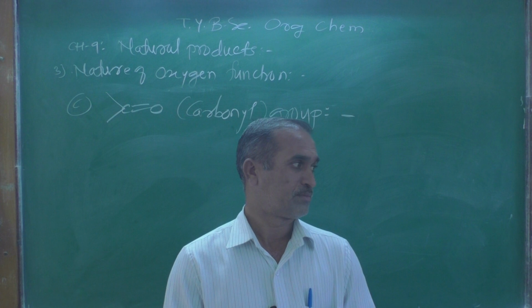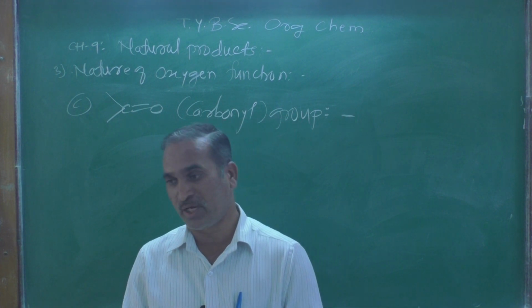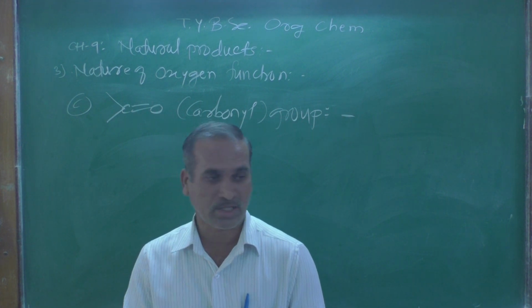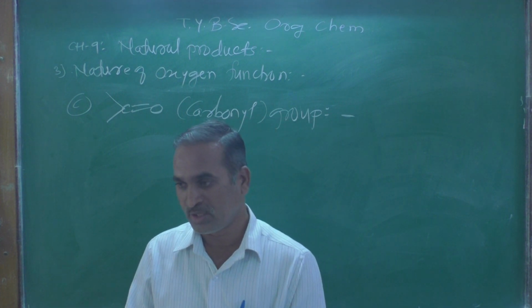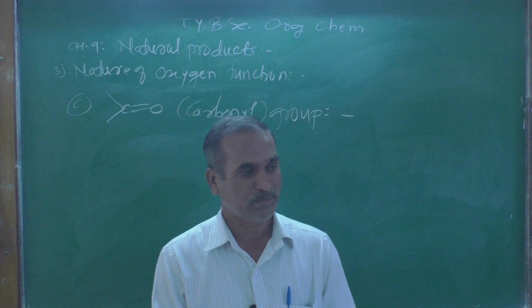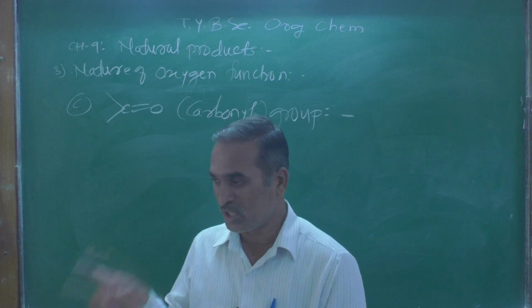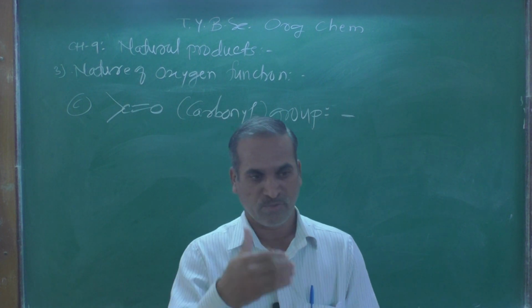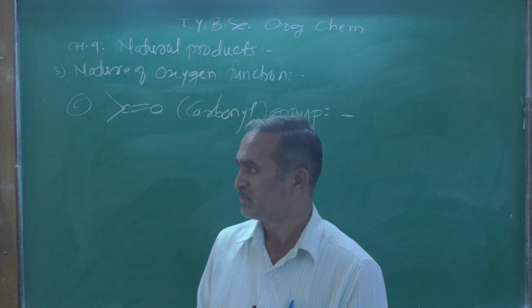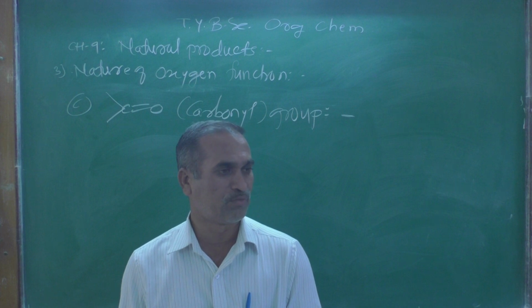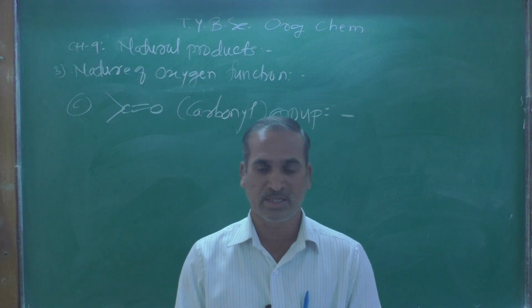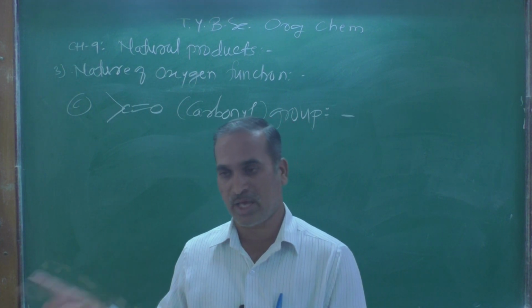But to distinguish whether that carbonyl group is aldehydic or ketonic, there is one test generally performed in the laboratory for the distinction between the aldehydic group and the ketonic group, that is the silver mirror test.